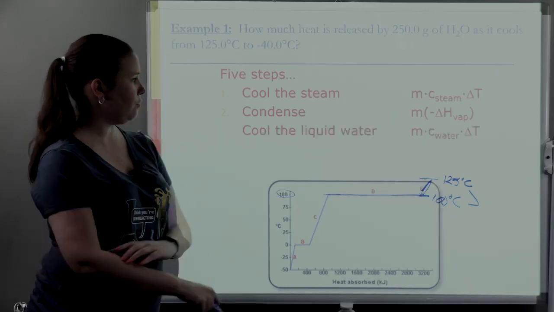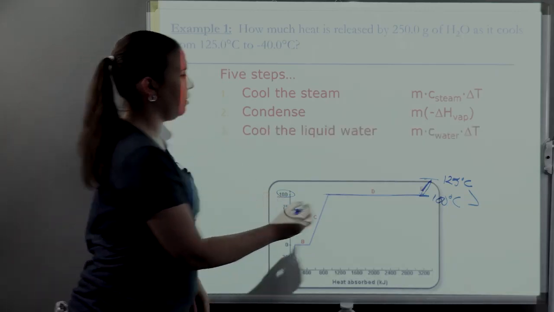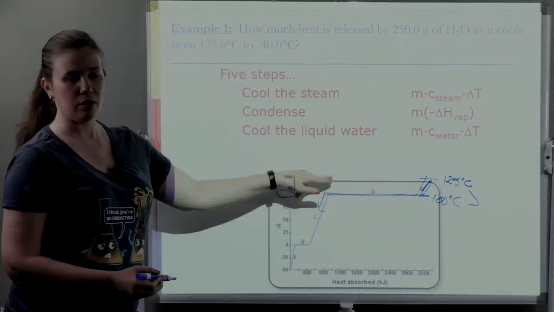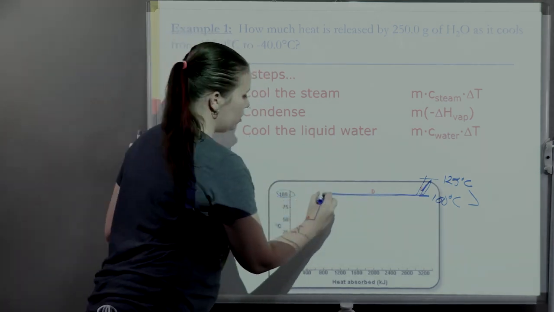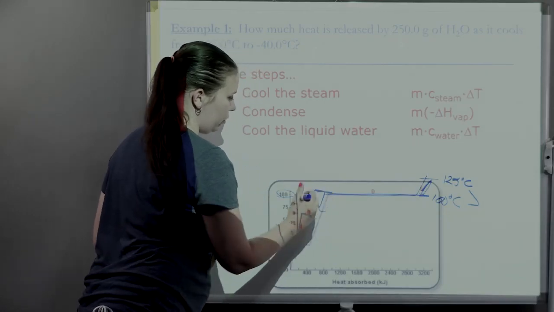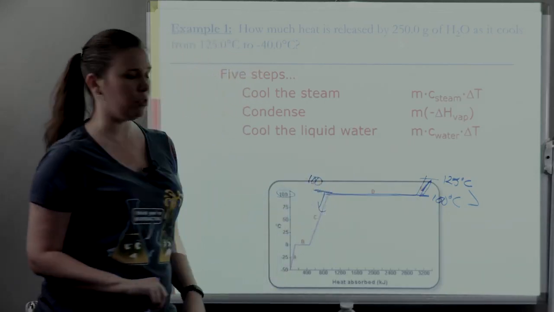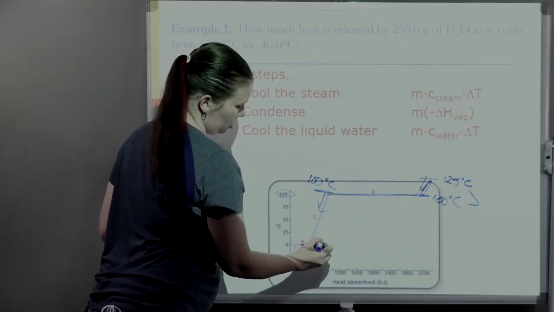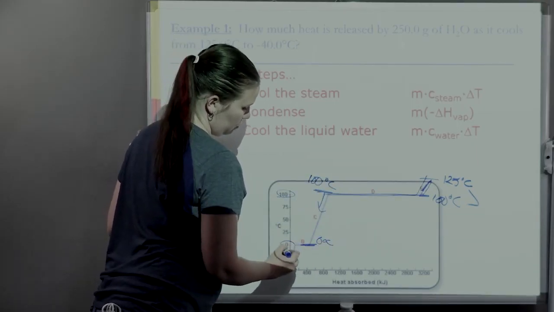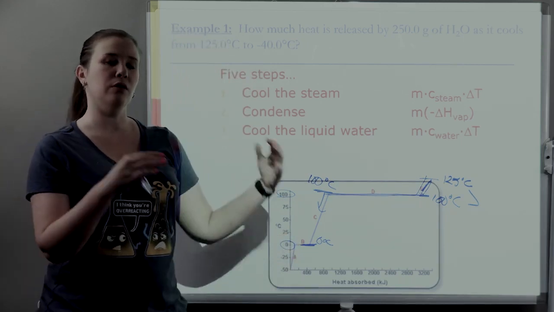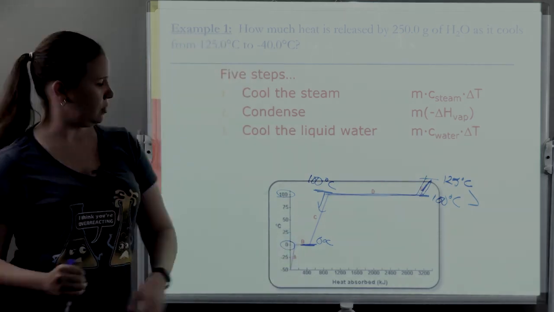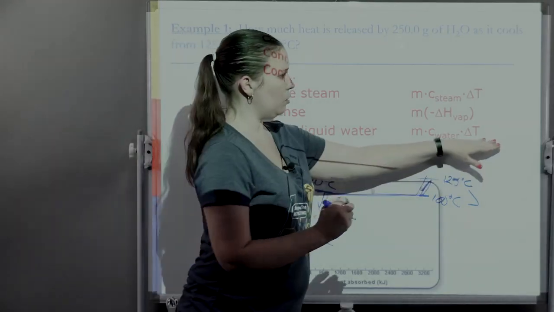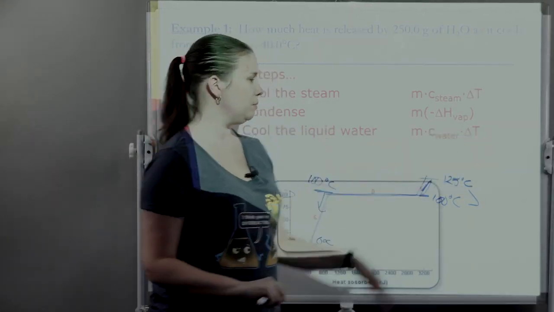Then the next section of the graph is to cool down the liquid water. So we've made it now this far, time to go down the liquid water. When it starts this cooling down of the liquid, it's at 100 degrees Celsius, and the next plateau, or the next section, is at 0 degrees Celsius, which will be the temperature where the liquid is turning into the ice. So during this phase, I would only have the delta T of that 100.